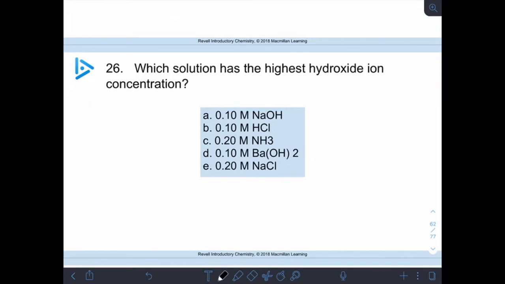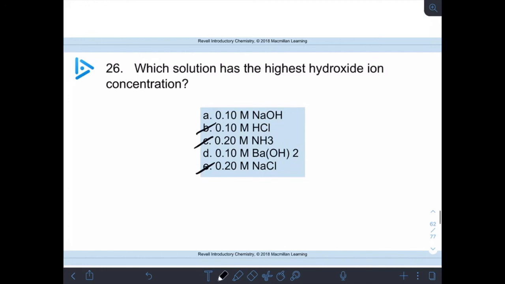Which solution has the highest hydroxide concentration? Right? So right away we can eliminate some answers of the ones that don't even have hydroxide. Right? And remember from your previous chapter, how do we calculate ion concentration? So A has 1 hydroxide.